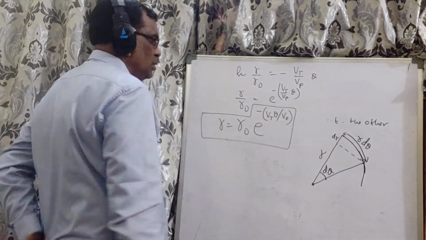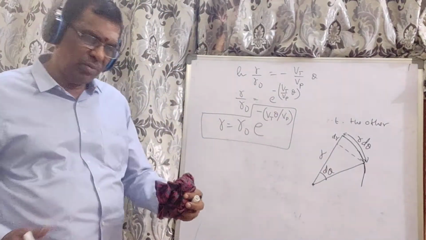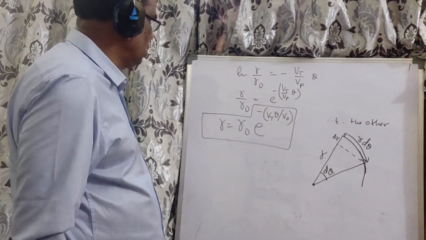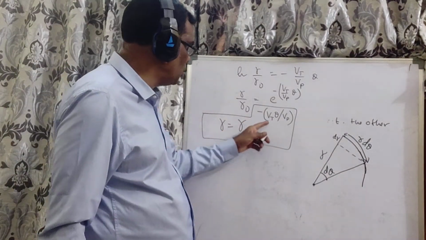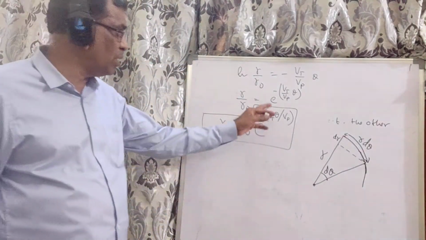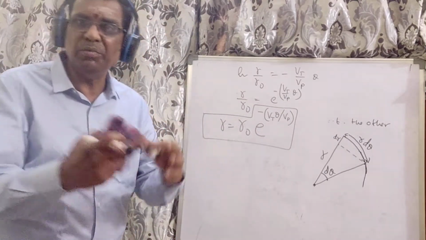This is the path of one body with respect to the other when they are trying to meet. Remember? Now, if r has to be 0, this has to be infinity. Theta must be infinity, then only they will meet.